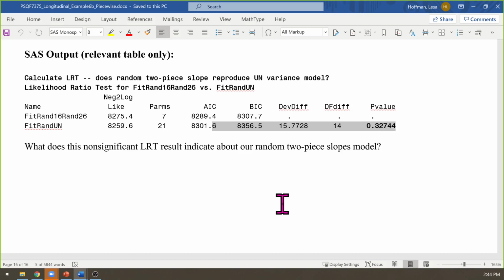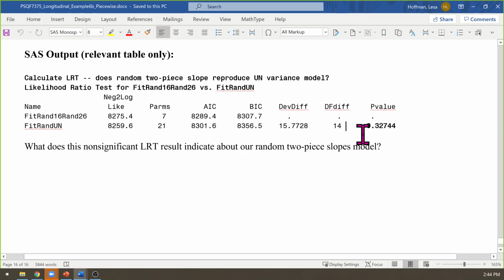What this non-significant result is saying is that letting everything be what it wants in terms of the variances and covariances didn't help. It's not better if I tried to fix it. So the extra 14 parameters that it would have taken to let all the variances and covariances be what they want did not help. Therefore, my model's good enough. So this is a candidate in terms of things I could carry forward to add predictors to.